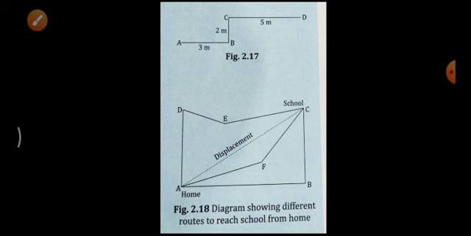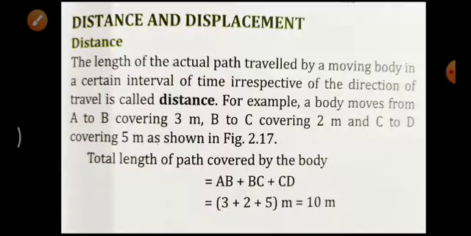Okay? But the rest of all are the other quantities, like the distance also. Okay? So let us see that one. Distance and displacement: the length of the actual path traveled by a moving body in a certain interval of time, irrespective of the directions of travel, is called distance. For example, a body moves, that example is given.